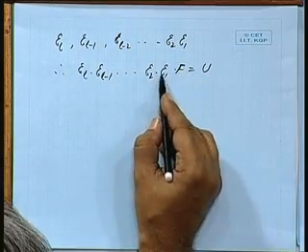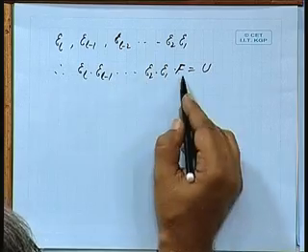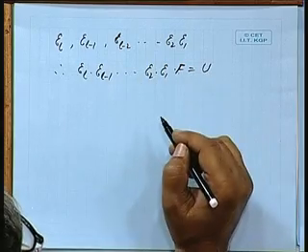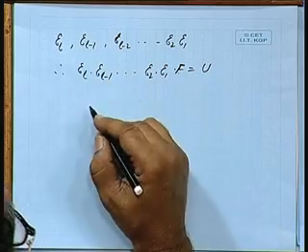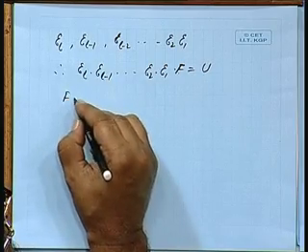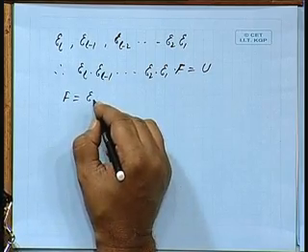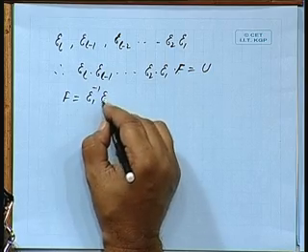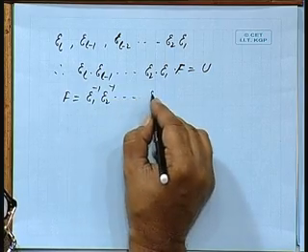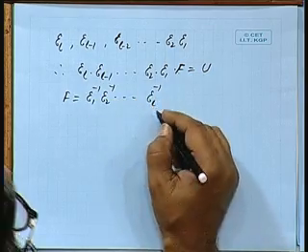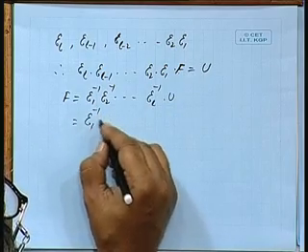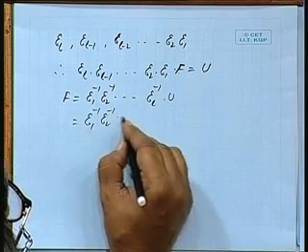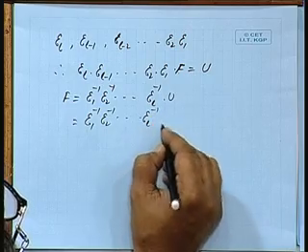On F we have carried out these multiplications at different stages to obtain U, and all these echelon transforms have their inverses. So, F can be written as epsilon 1 inverse, epsilon 2 inverse, up to epsilon L inverse into U.